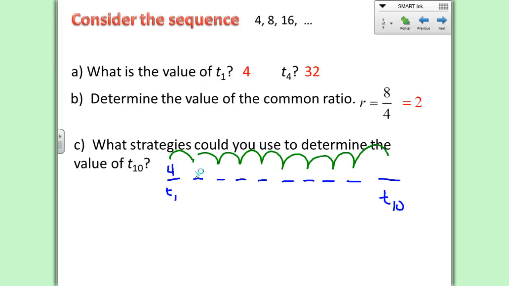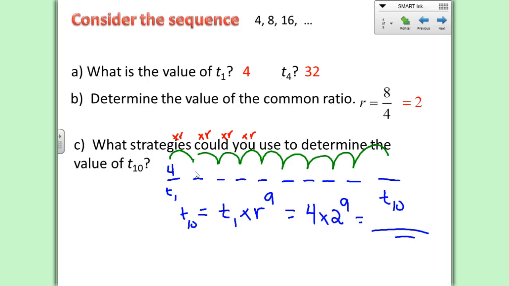In this case, we are multiplying by r, multiplying by r, multiplying by r. So in the end, to get from term 1 to term 10, you will have to take term 1 and multiply by r 9 times. And in this case, we can see that term 1 is 4, and I'm going to multiply by 2 to the 9, which is going to be, if we talk about cell division, a lot of cells, right?